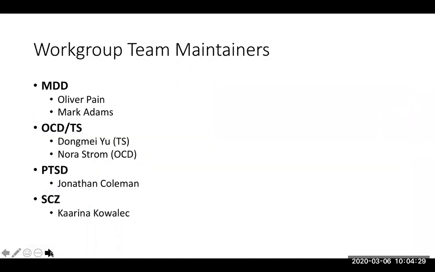We have maintainers for each of these work groups, and they're responsible for adding new members to the PGC organization, answering questions, and being a group of people to make decisions about how we want to organize this. If you are a member of the PGC and you see your work group team listed there, then please get in touch with one of those named individuals. They'll get you added to the GitHub organization.